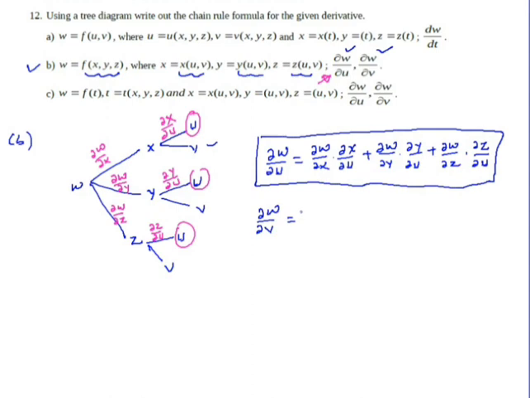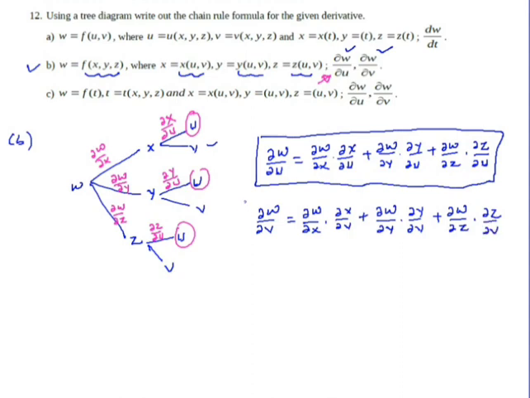So dw by dv becomes the partial derivative of w with respect to x and x with respect to v, this is the first path; the second path is the partial derivative of w with respect to y and y with respect to v; and the third path is the partial derivative of w with respect to z and z with respect to v.